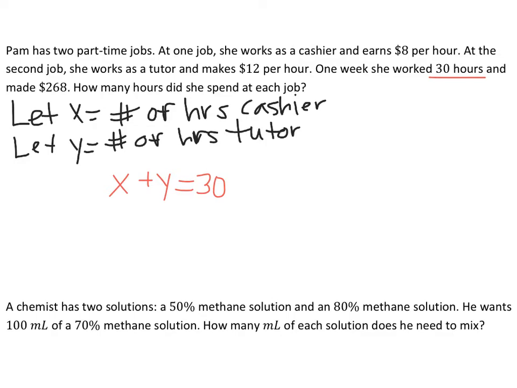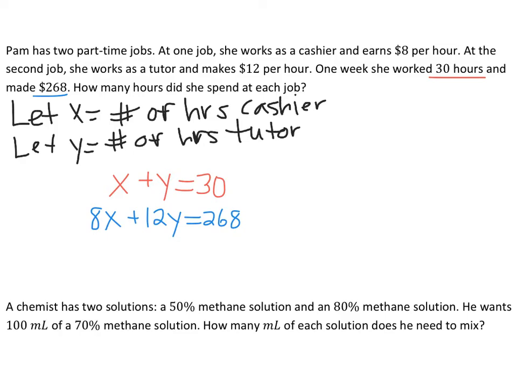That's one equation. I took care of the hours. Now let's talk about the money. She earns $8 cashing. She earns $12 tutoring. And altogether, I know she made $268. So again, one with hours, one with money. There are your 2 equations.